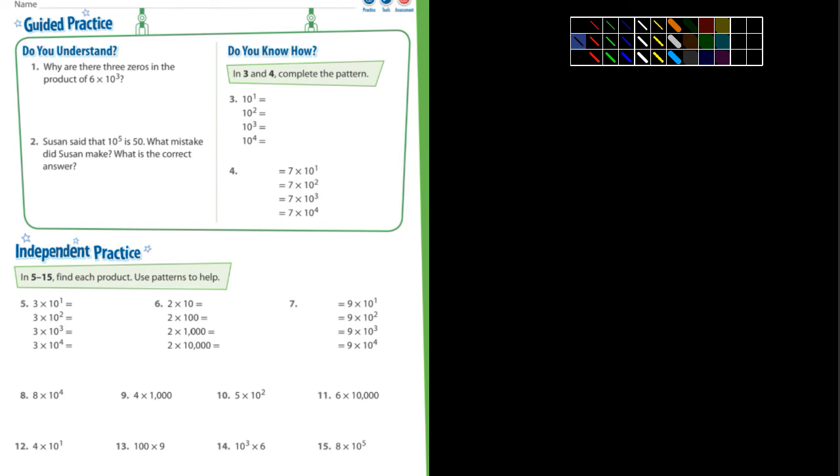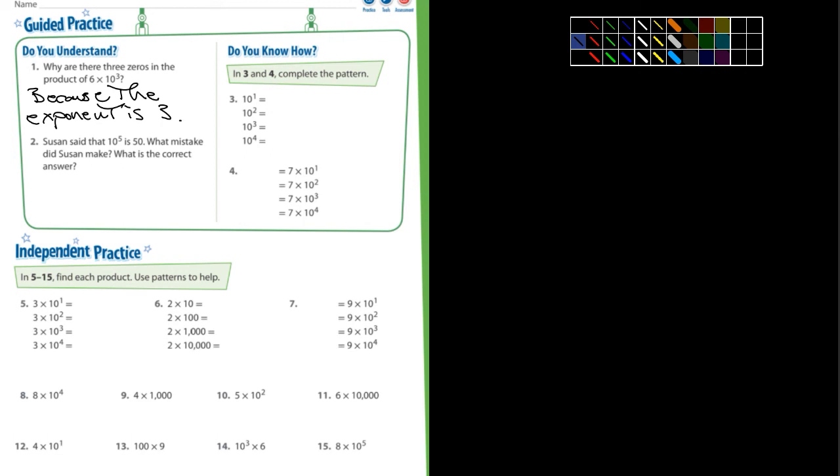I think I would just simply write, and you guys can write this down also, because the exponent is 3. You guys just learned that a few minutes ago.